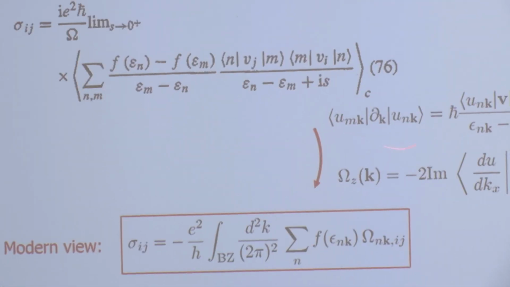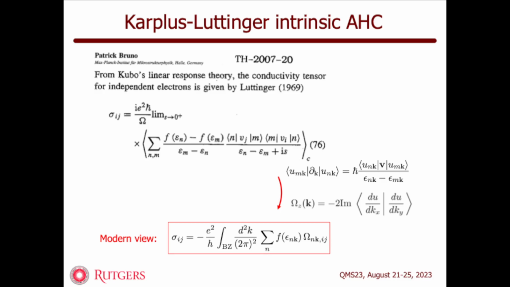But what you can show is that the velocity operator matrix element between Hamiltonian eigenstates is related to that of the derivative operator acting on the ket in this way. When you replace the velocity operator matrix elements by these, the energy denominators go away, and you just get this formula that says that I integrate the Berry curvature, where F is the occupation function, over the occupied portion of the Brillouin zone.